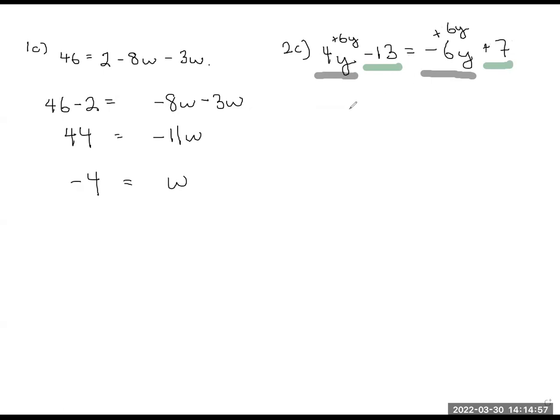This brings me to, so 4y, you know what? I'm going to just jump the gun. I think you can do 4 plus 6 in your head. 10y minus 13 equals 0 plus 7, which I'm not going to do. I'm just going to write plus 7. Why would I write 0?